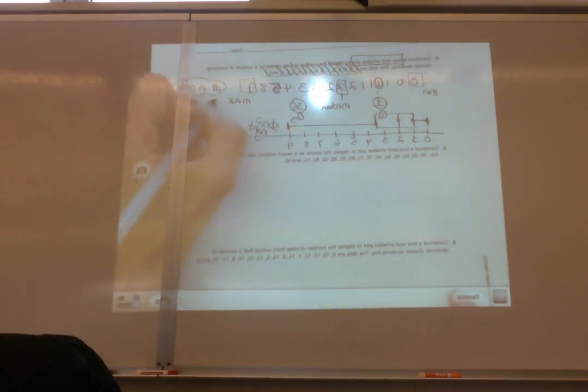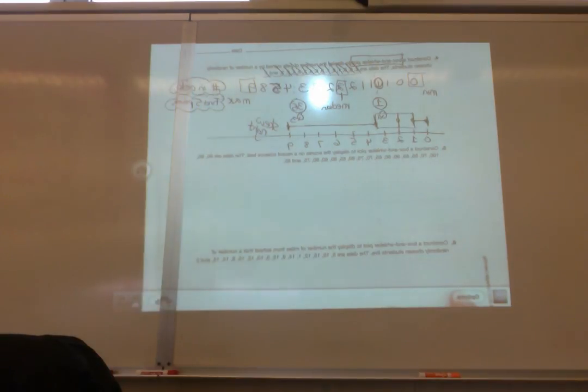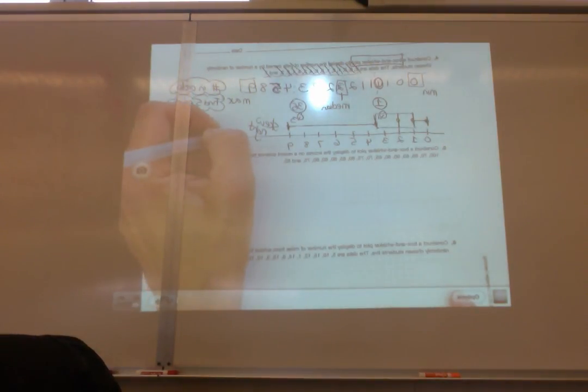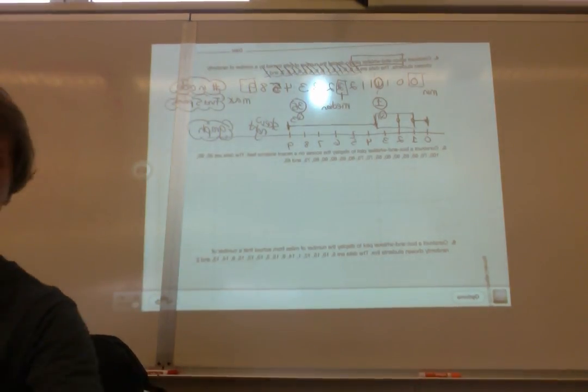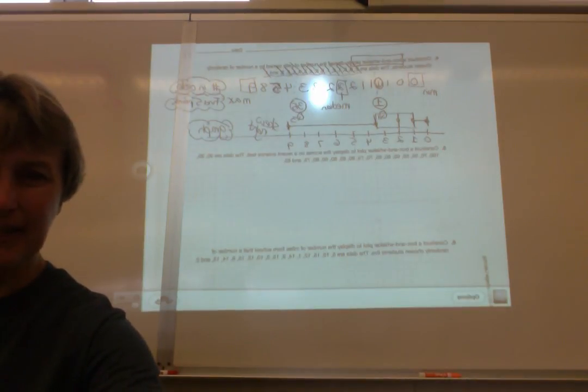Find all those 5 points. Min, max, median, Q1, Q3. Okay, and then the line is one of your last steps. So then you graph. Okay, I'm walking around.